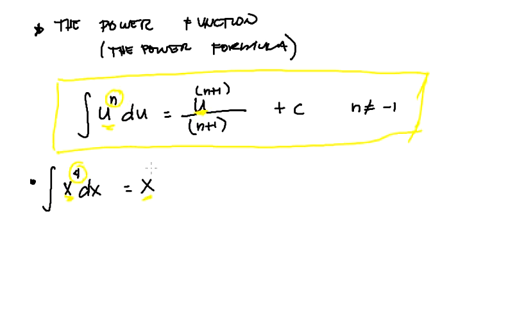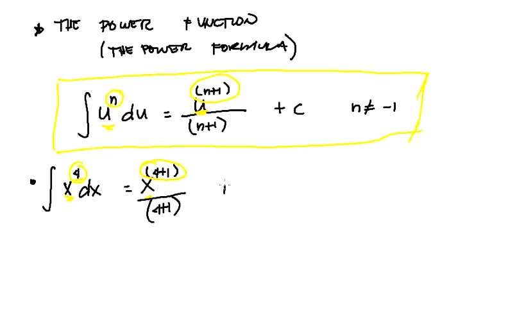So we have 4 plus 1, which is 5. And then the 4 plus 1 will be divided to its whole term, so we have x raised to 4 plus 1 over 4 plus 1.